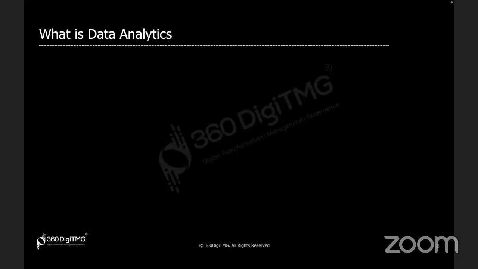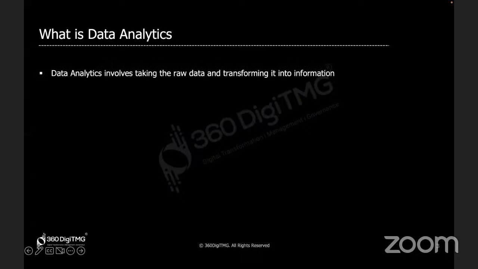Raw information is data, something that has not been processed. But when you pass that data through a series of algorithms or do some sort of analysis on that data and try to draw some meaningful inferences from it, that is information. So taking raw data and transforming that into information is the simplest way of defining data analytics.